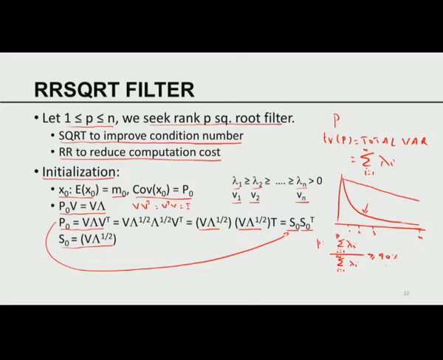Given that level, 90, 80, 99, I can compute a P that corresponds to this inequality. The sum of the first P eigenvalues to the total sum of all the eigenvalues is greater than or equal to a previously accepted threshold of 80%, 90%, 99%. So that is how I am going to pick a P.